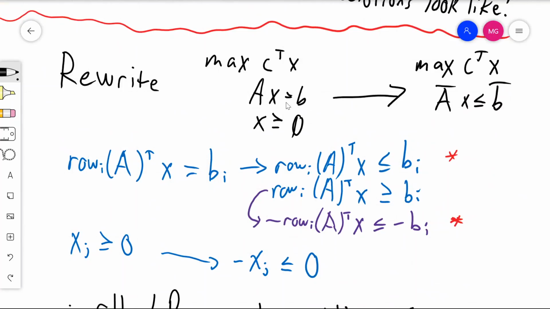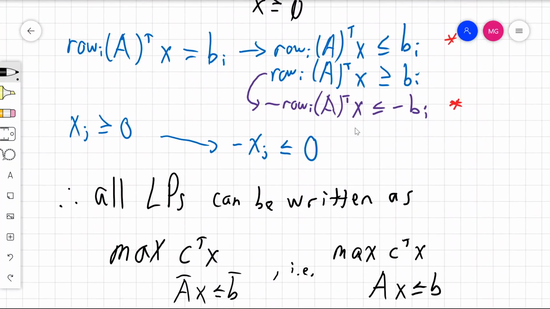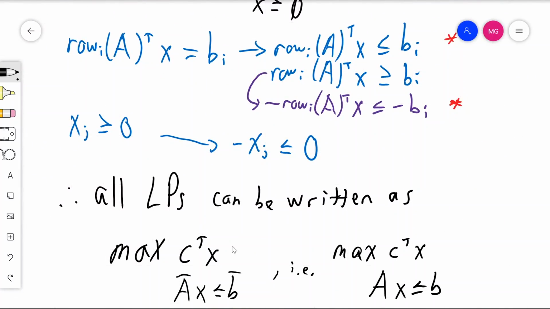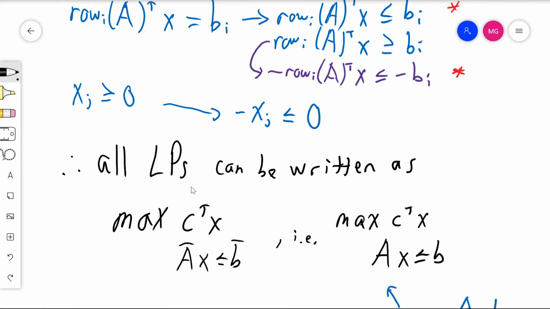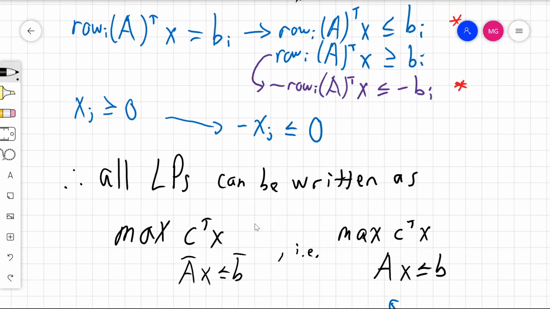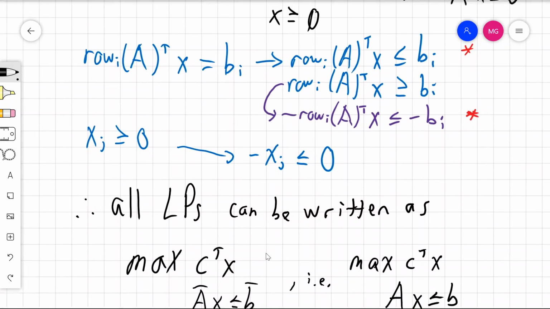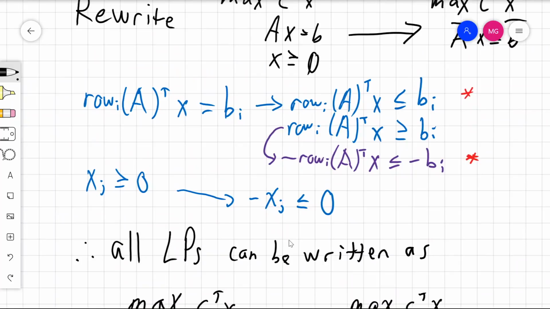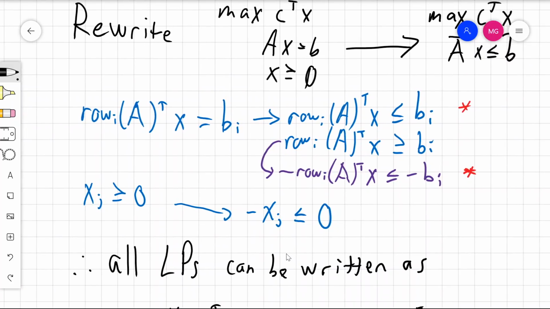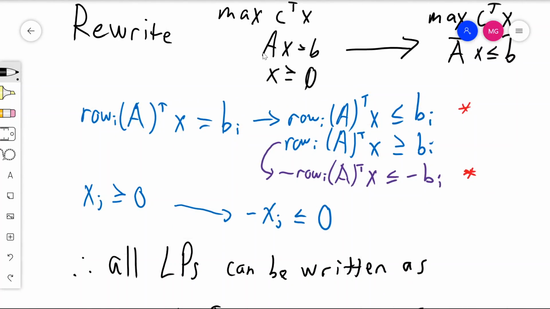Since every single linear program can be written in standard equality form, we can conclude that all linear programs can also be written in this form: max c transpose x such that A bar x is less than or equal to b bar, for some choices of A bar and b bar. It might not be the case that your linear program originally comes in standard equality form.